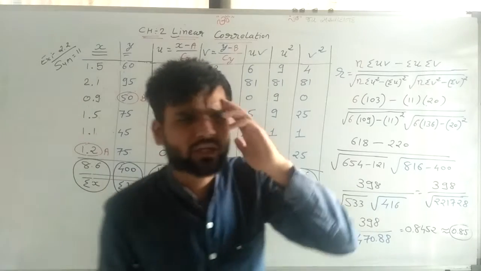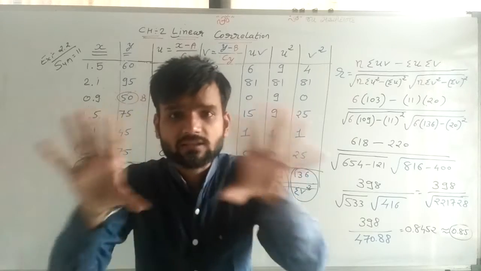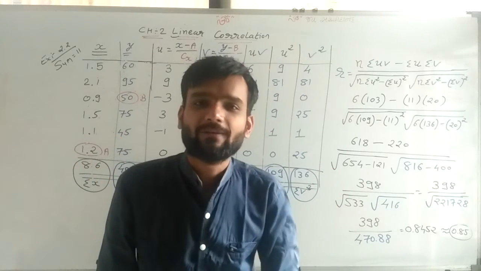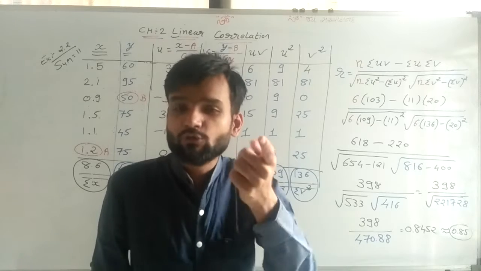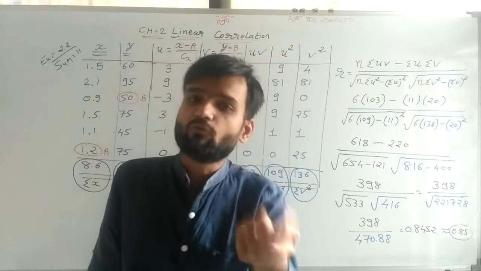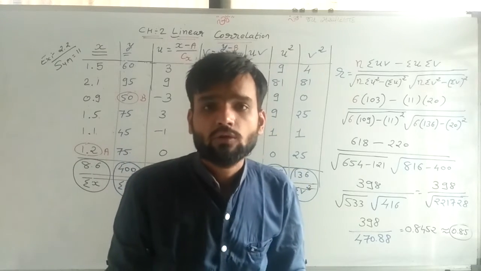So the first rule is clear. Second, in which situation do we use the second formula? In the second formula, sigma xy, sigma x, sigma y are required, so you need to find x into y, x square, and y square.